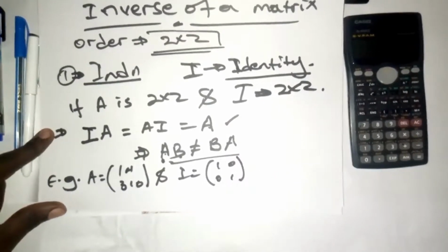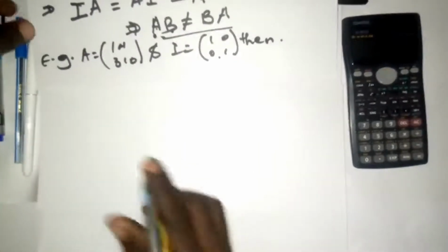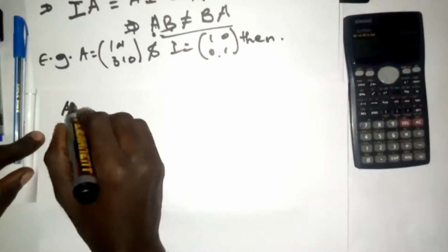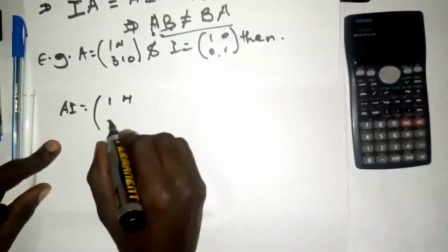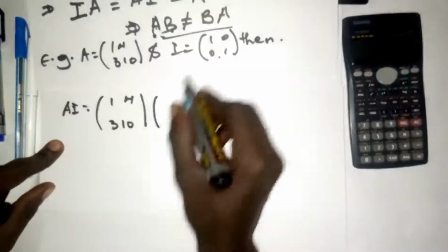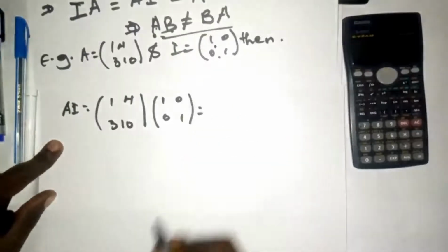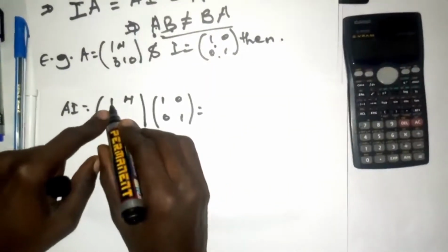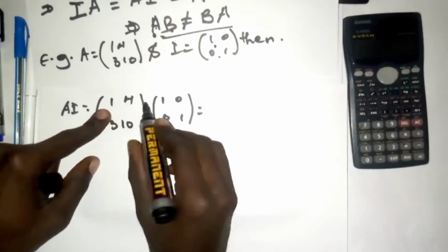Now, I'm going to have A times I as 1, 4, 3, 10 multiplied by the identity matrix 1, 0, 0, 1, which is going to give me row by column. If I multiply row by column, it is this row by this column.